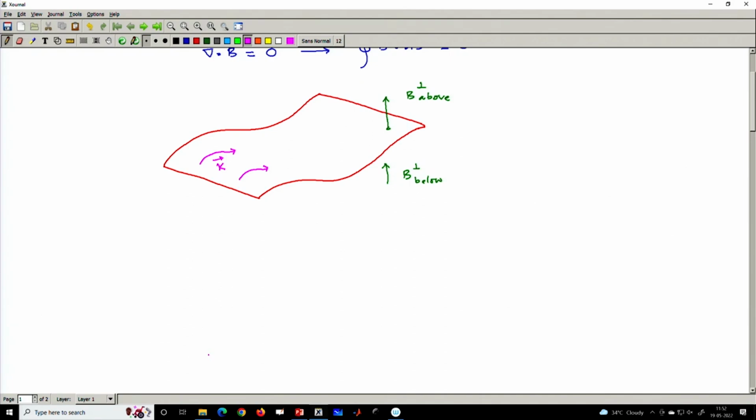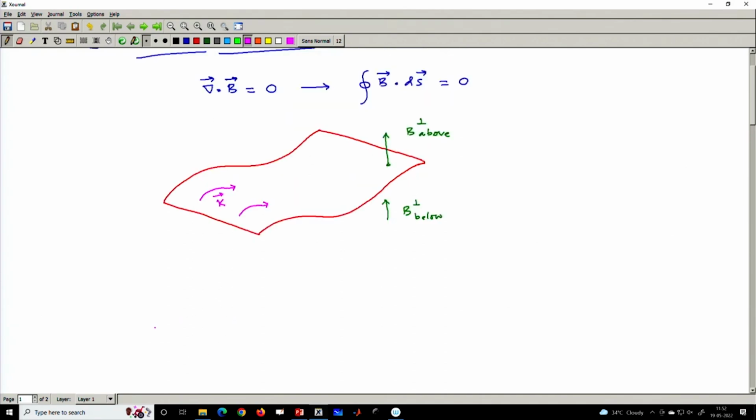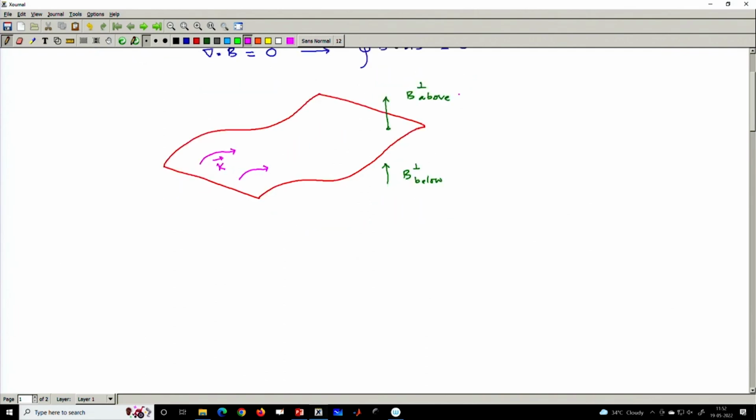Now, if I want to calculate this integral, that is the closed surface integral, like the Gaussian surface, we need to draw a pillbox. If I draw that here, this is a small area we are drawing, and below that also. So, this is basically having a cross section.